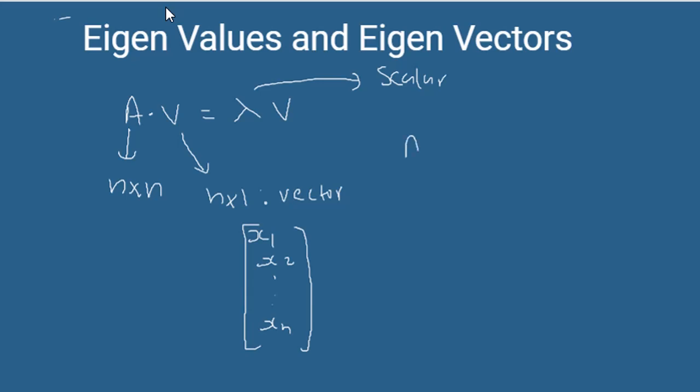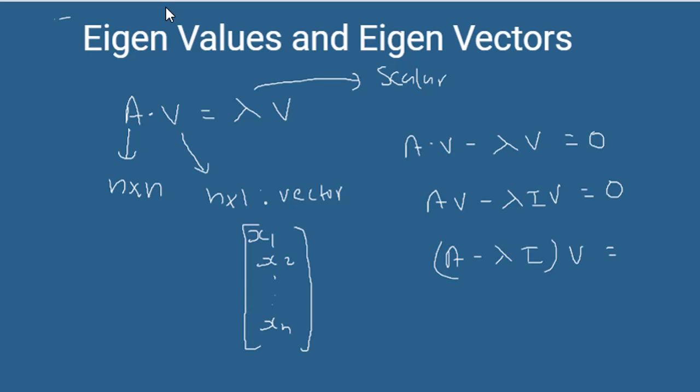So we can write A V minus λ V is equal to 0. Then A V minus λ identity matrix into V is equal to 0, or I can say (A minus λ I) V is equal to 0. Now this equation (A minus λ I) V = 0 is said to be the characteristic equation.